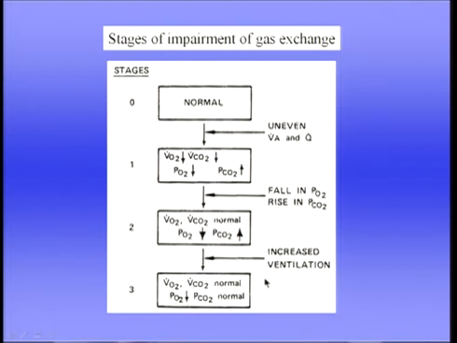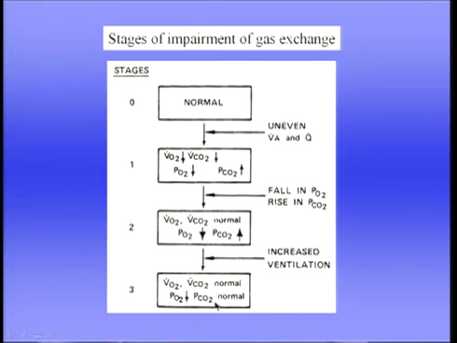So a very common situation that we find in patients with COPD, chronic obstructive pulmonary disease, is shown here. Of course, they have a normal oxygen consumption and normal CO2 production, because that's what the peripheral tissues demand. They have a normal PCO2 because they've increased the amount of ventilation of their alveoli, but they've got a low PO2, and that's a very common situation.